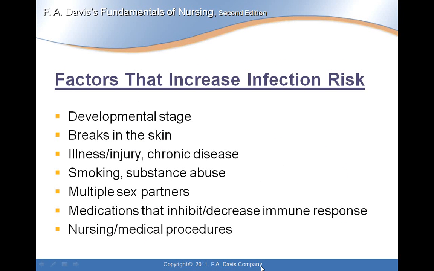Okay, so let's talk about factors that increase the infection risk. The developmental age, so babies and the very old are more susceptible to infection, and both of them have to do with their immune system. With babies, their immune systems aren't fully developed, and as we begin to age, we start to lose more muscle mass, more of our fat storage, and then as we age, our appetites may decrease and we take in less nutrients.